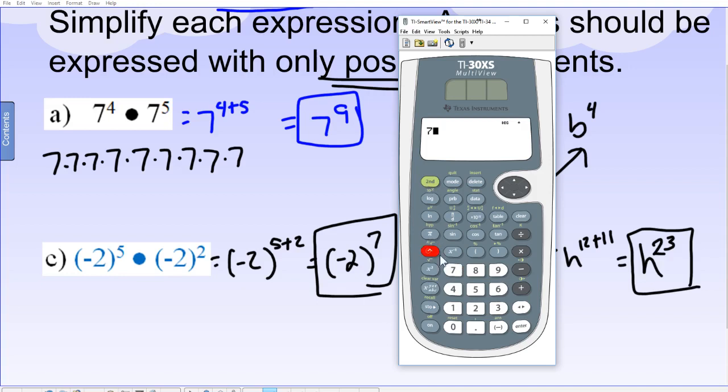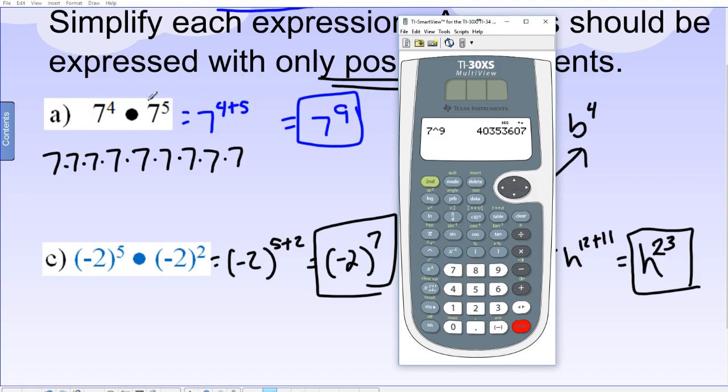I just want caret. That caret key is how the calculator understands exponents. So this says 7 to the 9th power. Calculator gives me, okay, it can fit all the digits there. But it's a big number. I mean, that is 40,353,607.